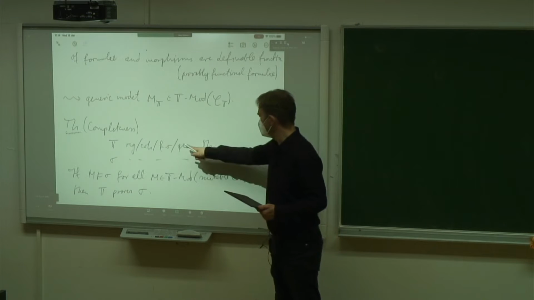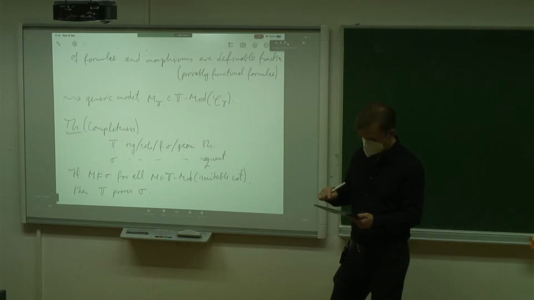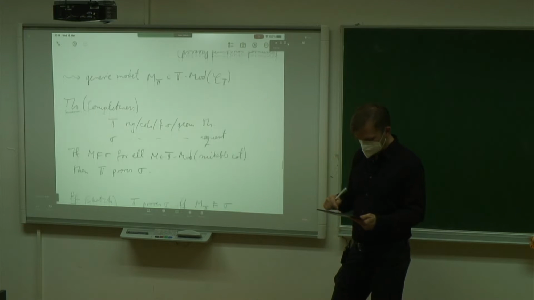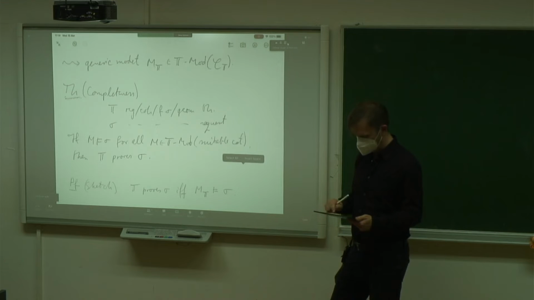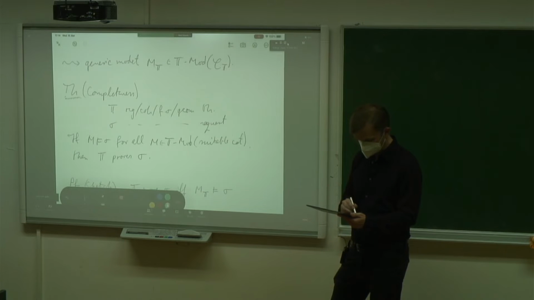Suitable means the same choice as here. The sketch of proof is like one line. You can show that T proves sigma if and only if the generic model proves sigma. Now this you can't really do in the first order case because you're unable to change the category.